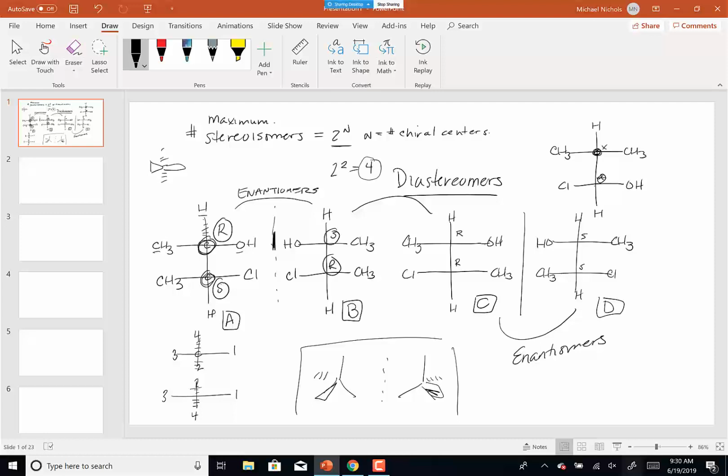So what practical information about B and C could you use to say, well, those are diastereomers? Along the same lines as asking what the difference was between enantiomers, can we use R and S to define diastereomers?